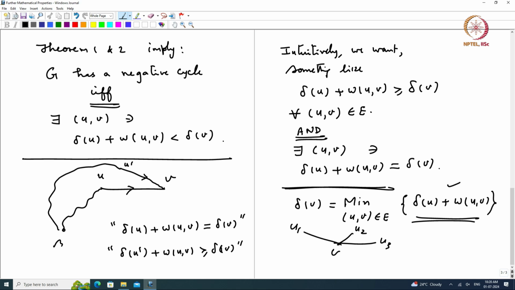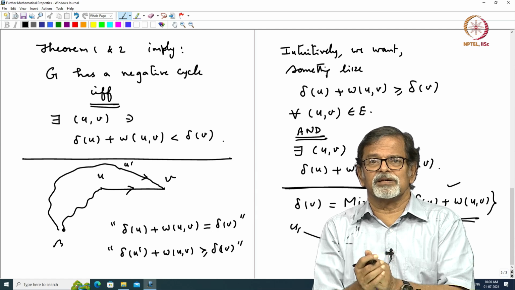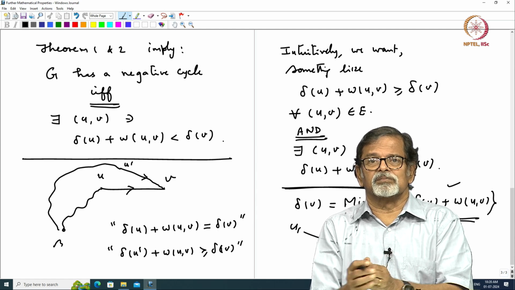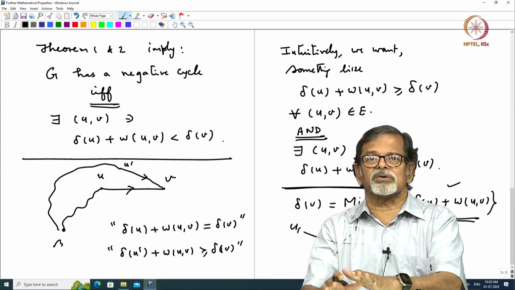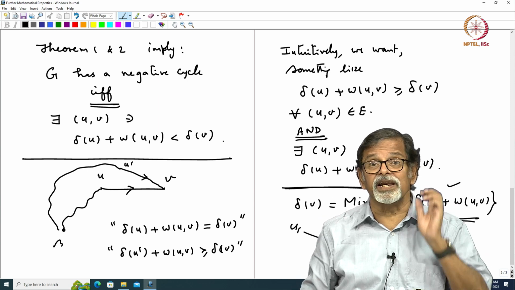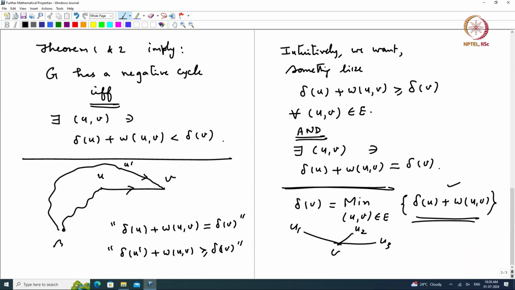I mean, if it is there, then we can kind of proceed, but that is not going to happen if G has a negative cycle. If G has a negative cycle, you can see that there are edges for which these kind of inequalities do not hold good, right.